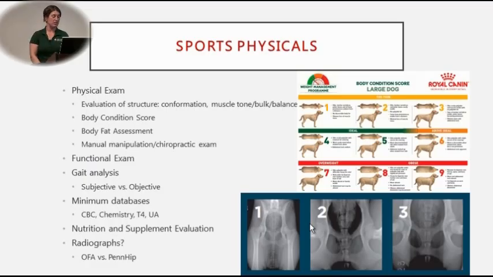Electrolyte abnormalities are important to look at with our athletes too. Checking T4, these hypothyroid dogs. I think there's a sled dog study that showed that lower T4s affected performance. Checking a urinalysis too for protein losing nephropathies, things like that is helpful.